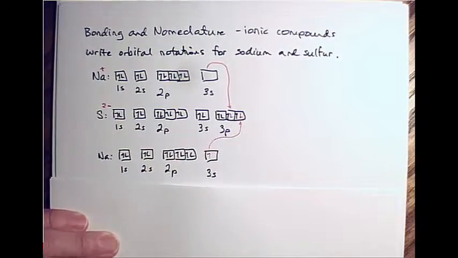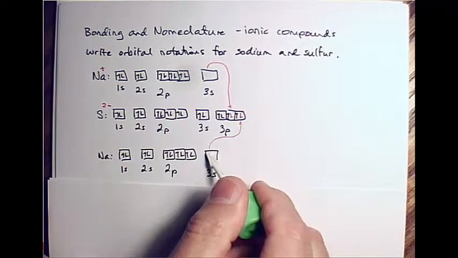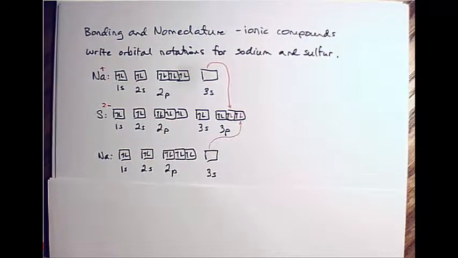Let me get rid of that electron in sodium's orbital notation structure. Okay. And now this sodium has a 1 plus charge.